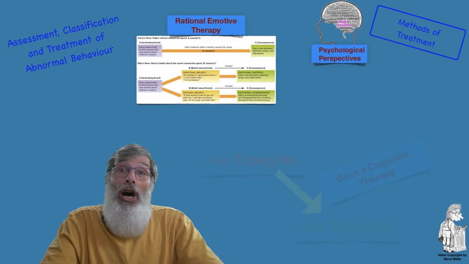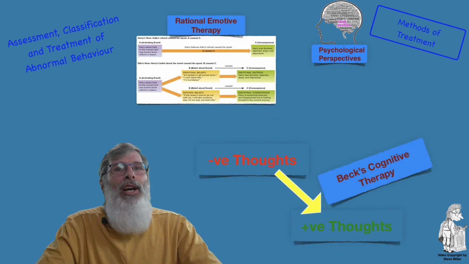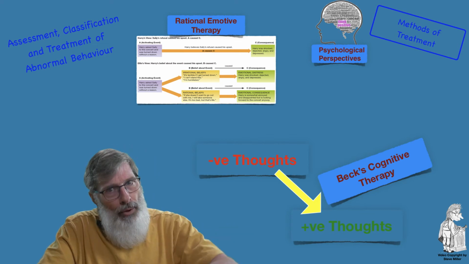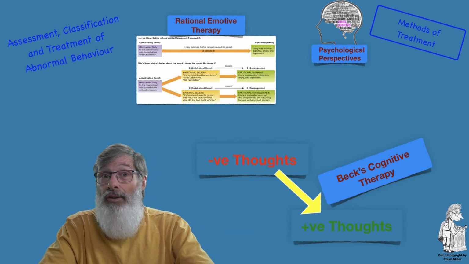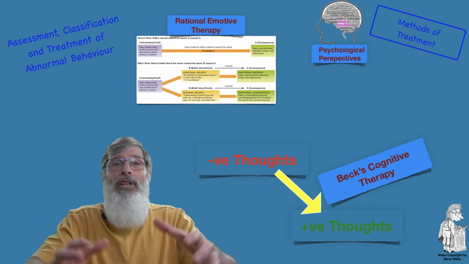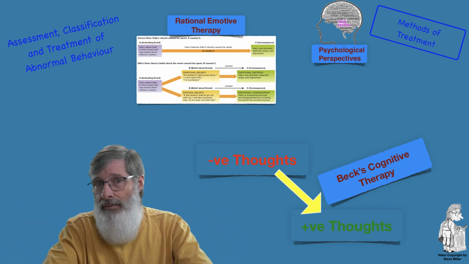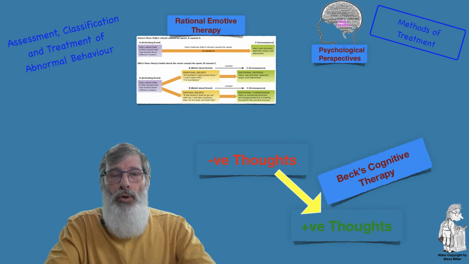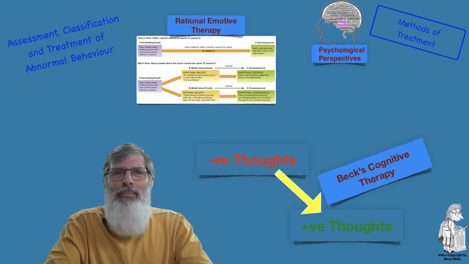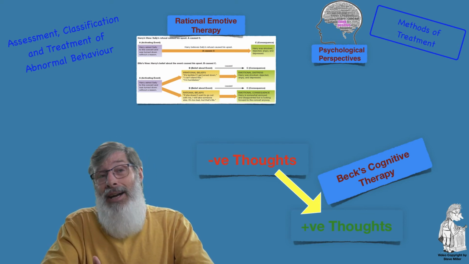Now, Beck's cognitive therapy focuses on helping clients identify, challenge, and replace distorted thinking, such as a tendency to magnify negative events and minimize personal accomplishments. This approach can include homework, tying strategies into the patient's real life and reporting back the results.